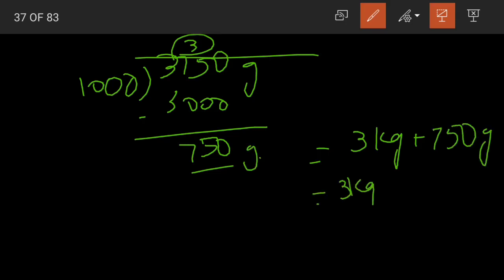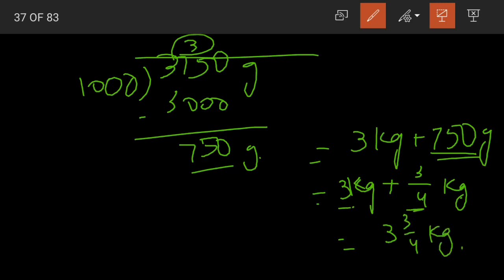Now 3 kilograms plus, we already know that 750 grams is equal to how much? It is equal to 3 by 4 kilogram. So 3 kg plus 3 by 4 kg, we are adding the numbers, is 3 3 by 4 kg.